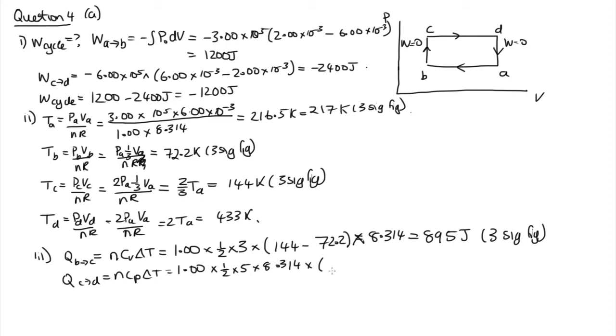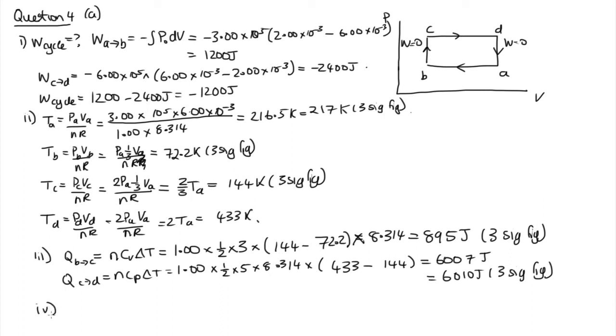So that's the temperature at D, which is 433, minus the temperature at C, which is equal to 144. So solving that one, we end up with 6,007 joules, and so that's 6,010 joules to 3 significant figures.